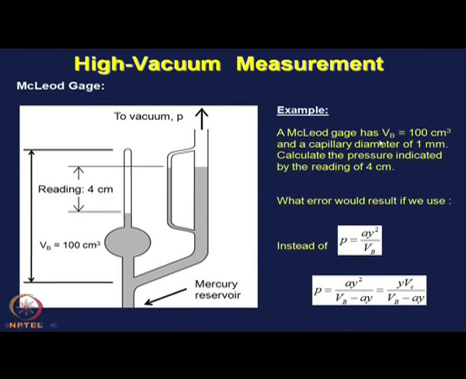So, MacLeod gauge has volume Vb equal to 100 centimeter cube. So, this entire volume is 100 centimeter cube and the reading is 4 centimeter. Let us see how much pressure is indicated, and this can be computed by these two equations.